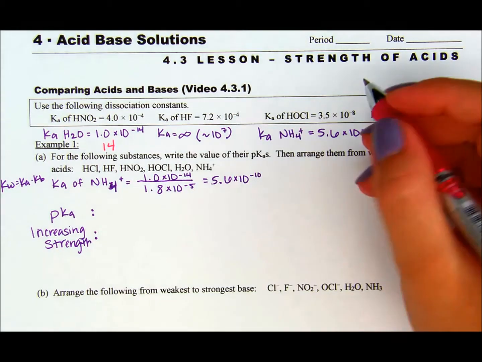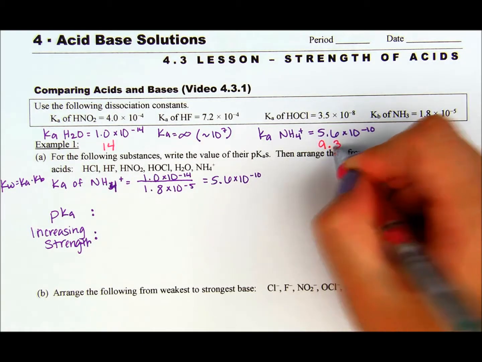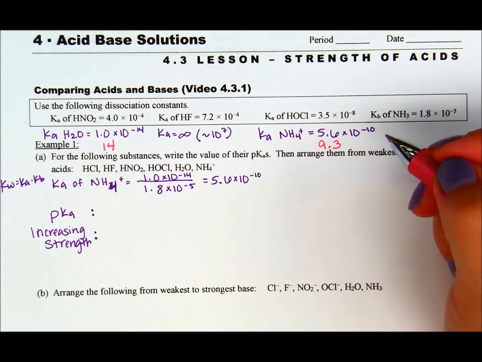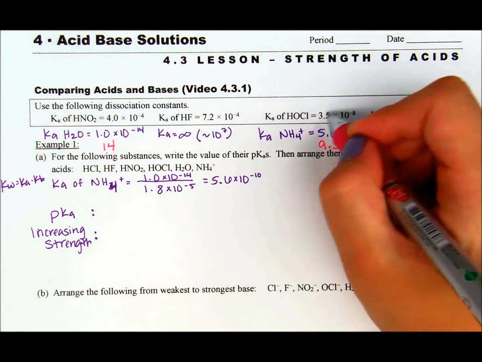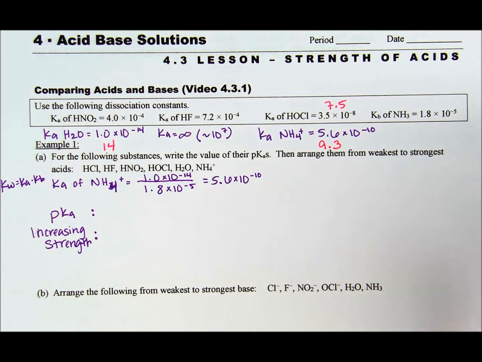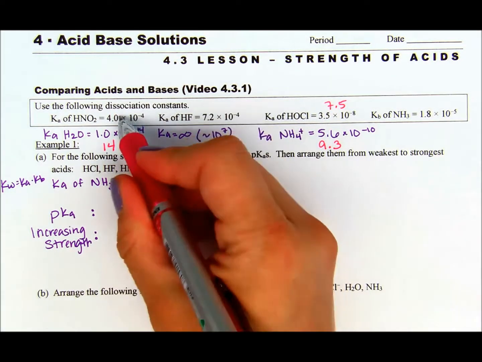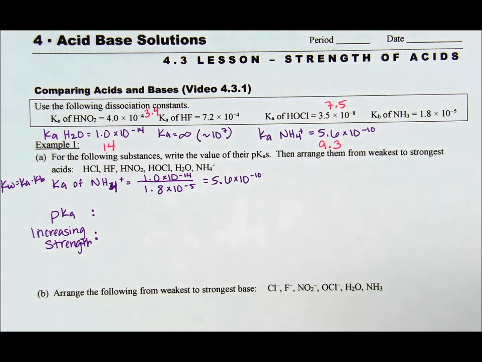Okay, so just showing you what I got to make sure it matches you. The pKa of NH4 plus, ammonium, is 9.3. HOCl up here, my pKa was 7.5. HNO2, which is right here, the pKa is 3.4.